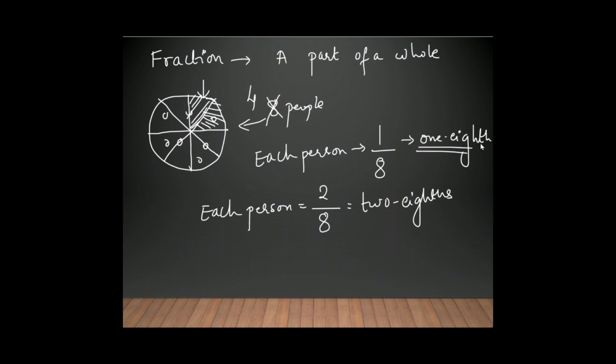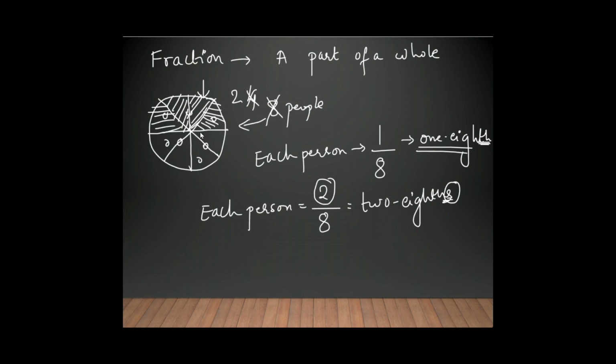Now if you see the difference here, it's just 8 and here I have added an S because I have more than one part here. That's why I have added an S here. So it's 2/8.